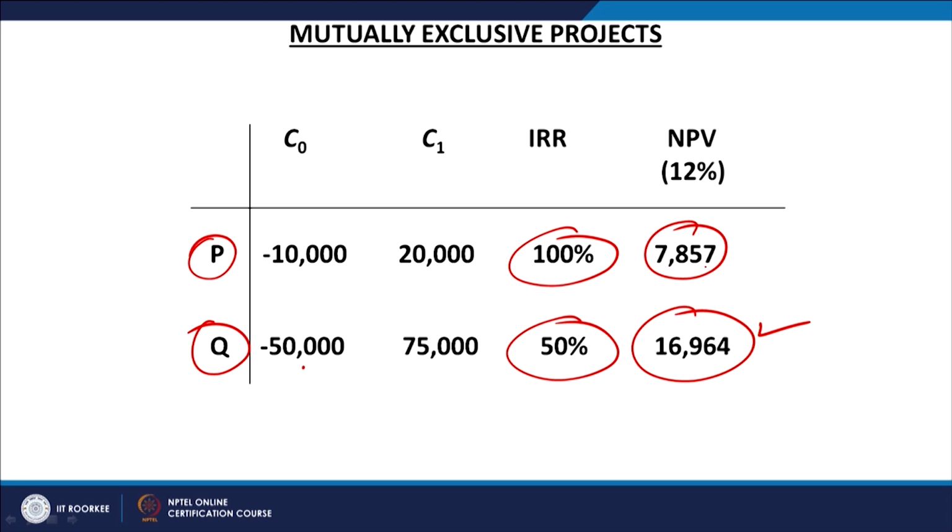In the case of mutually exclusive projects, the limitation is that projects which give the lower NPV are sometimes selected by IRR, because the IRR is higher compared to the other project, which gives the higher NPV but a lower IRR. So, we are showing that though the NPV is lower at 12%, the internal rate of return is 100%.